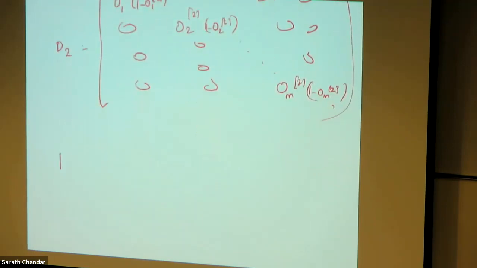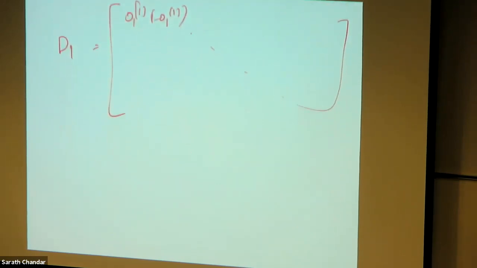This is a diagonal matrix for the derivatives of the output layer. Similarly, you can have D1, which is the derivative of the hidden layer. It has O11 times 1 minus O11, and so on. I can also have the derivative of the error function as a vector E, which is O12 minus T1, O22 minus T2, and so on.